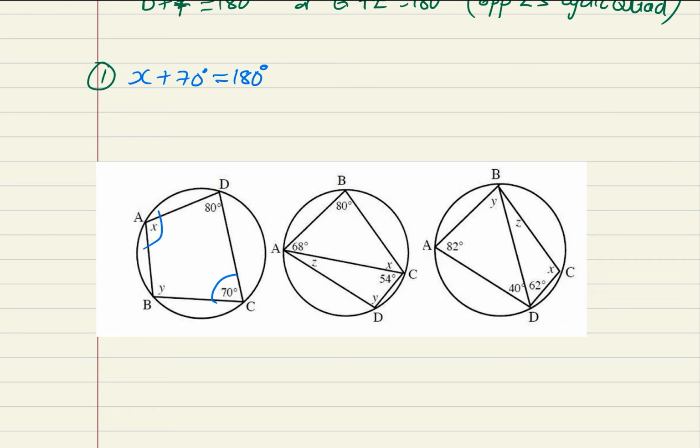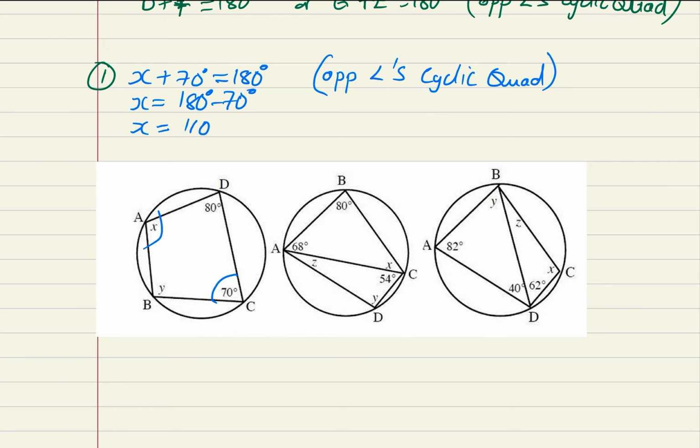Why do we say so? These are opposite angles of a cyclic quad. That is very important. Therefore x equals 180 degrees minus 70 degrees. Hence x equals 110 degrees. That is how we found x.